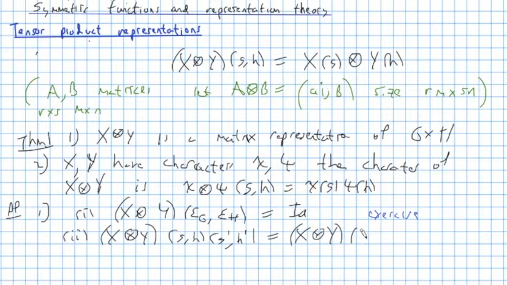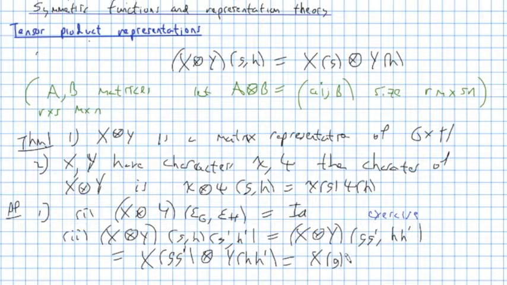So here we're applying this to the product, and this is going to be, by definition, the tensor product of the matrices X of GG prime and Y of HH prime. And because these are matrix representations, I can break X of GG prime as the product of the two matrices X of G and X of G prime, and same for Y.